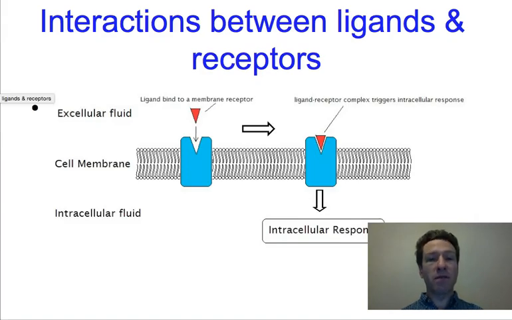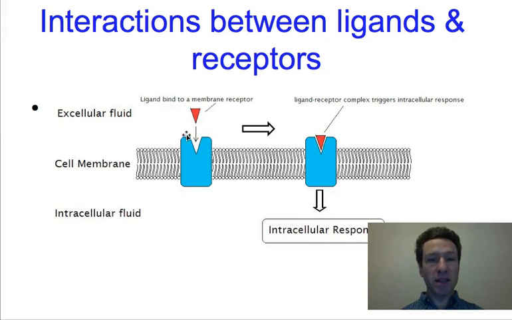And we should specify that there are many different kinds of ligands and many different kinds of receptors, and they do not all interact with one another. Instead, a given ligand is going to interact with only one or a very small number of kinds of receptors.